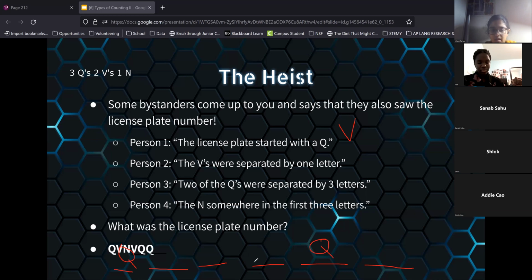So we know that 2 of the Qs were separated by 3 letters, and the N was somewhere here or here, and the Vs were separated by 1 letter, so it was probably that N, right? So V and V, and then obviously that last Q would go because we need to place it.